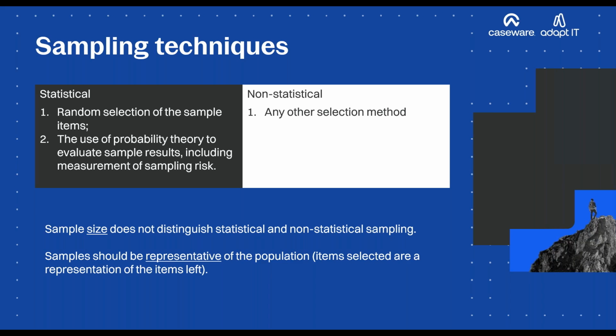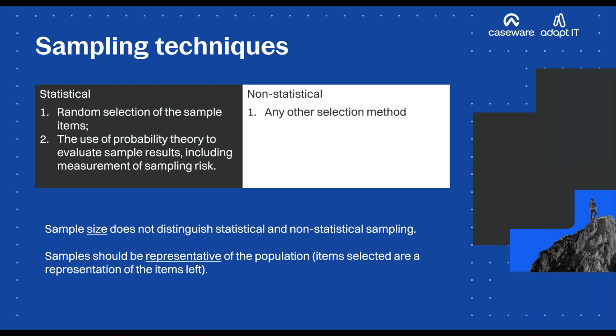But important to say, for statistical sampling, you need to have a random selection. The other part to qualify for being a statistical selection is that you must use probability theory to evaluate your sample results, which includes a measuring of the sampling risk.